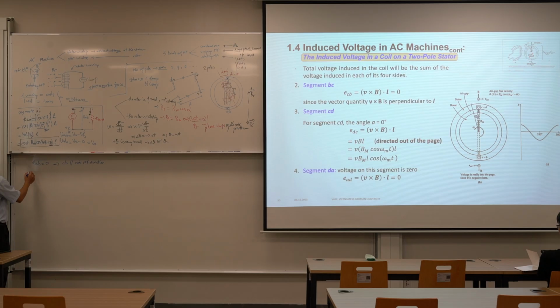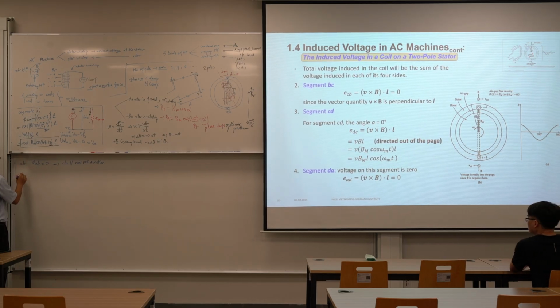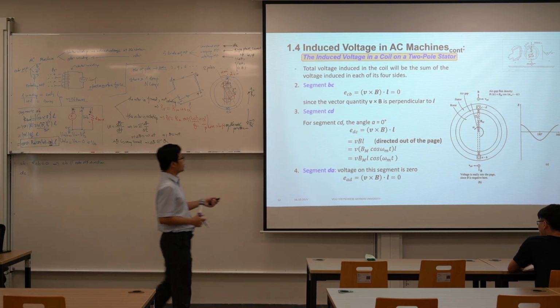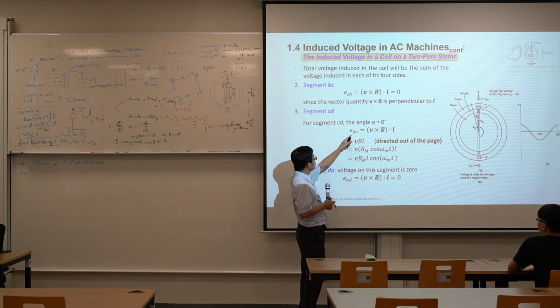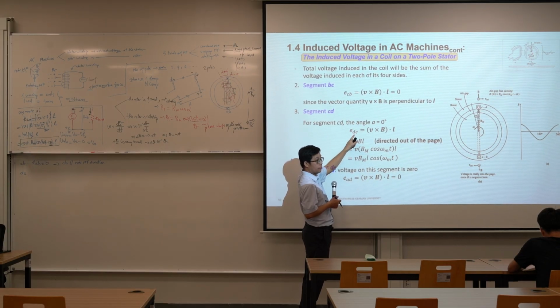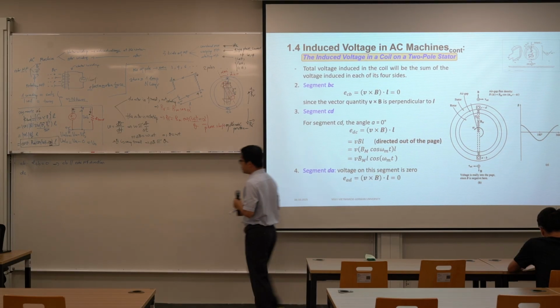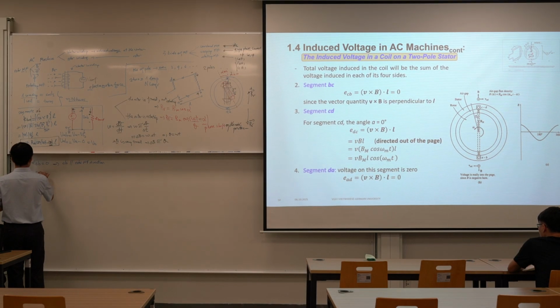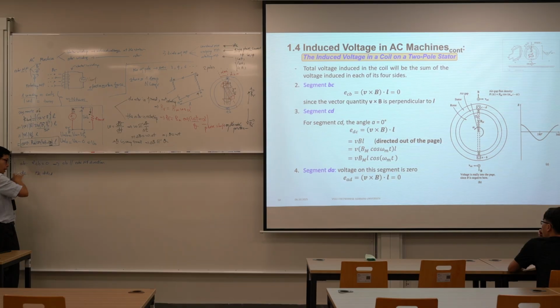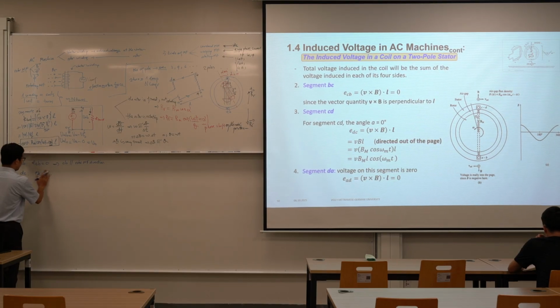So continue. We have segment DC. Remember that you need to consider correctly the polarities of the voltage. If you say ECD, it is very different; EDC is different from ECD, because we have the reversed polarity. So now we have EDC.